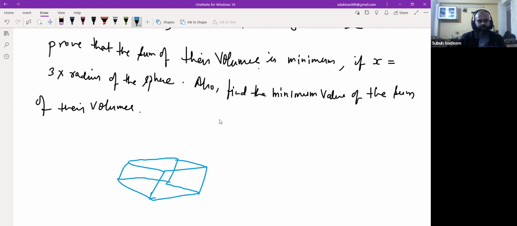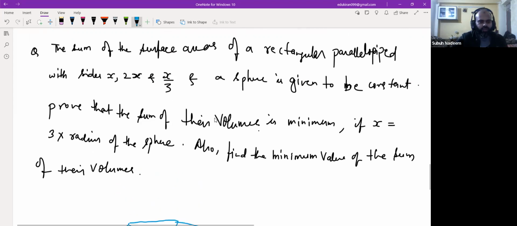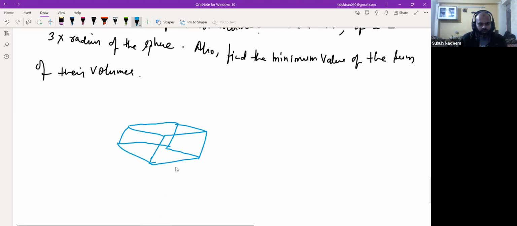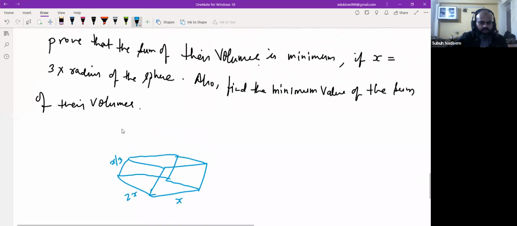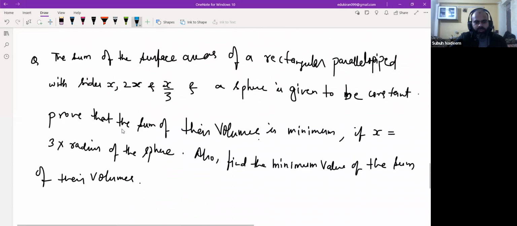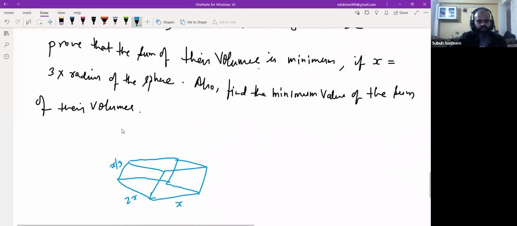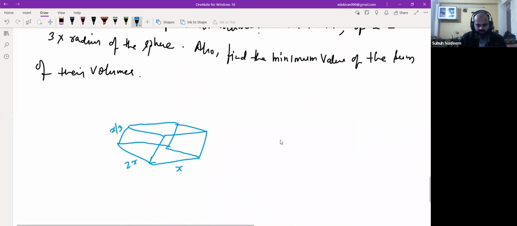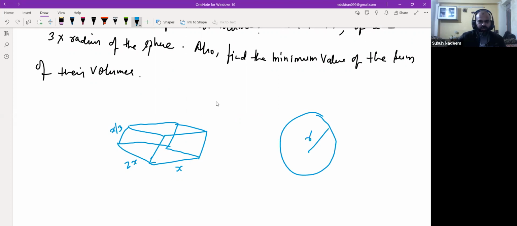Its sides are given as x, 2x, and x by 3. So this is x, maybe this is 2x, maybe this is x by 3. These three dimensions are given. And a sphere is given, its radius can be taken as r.